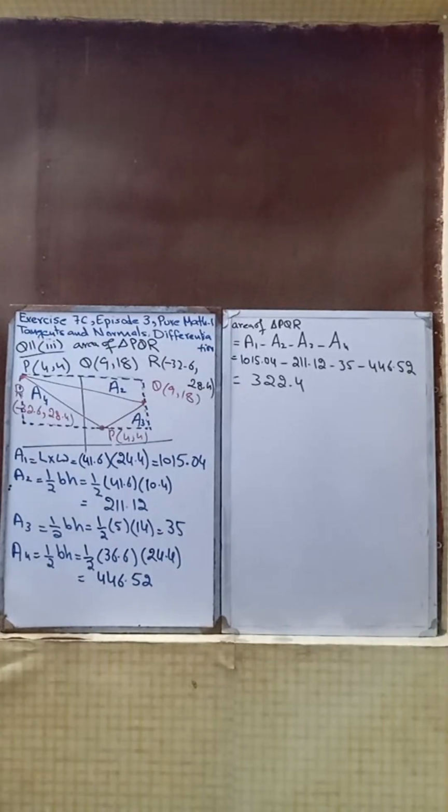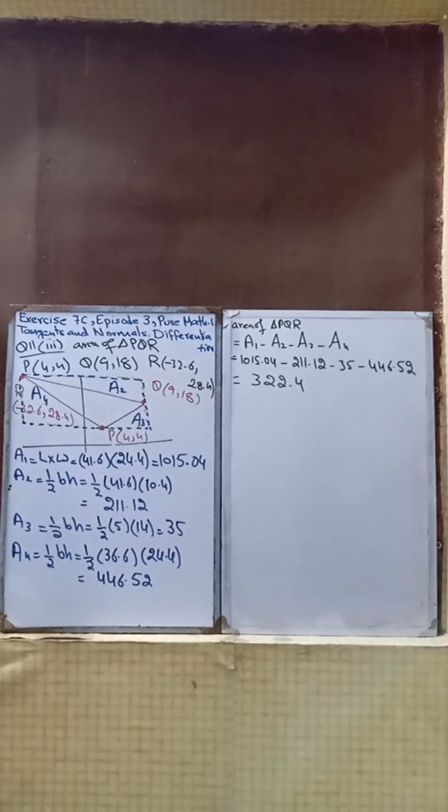Then I multiply 41.6 by 24.4, which is 1015.04, which is right. Then we found the area of A2, 1 by 2 base into height, and the base is 9 minus minus 32.6, so that is 41.6, and the height is 4 minus 18.